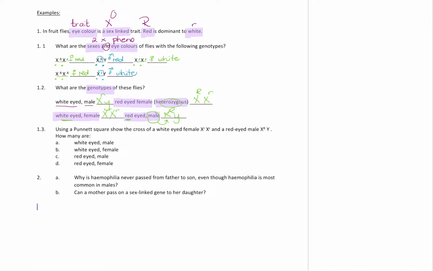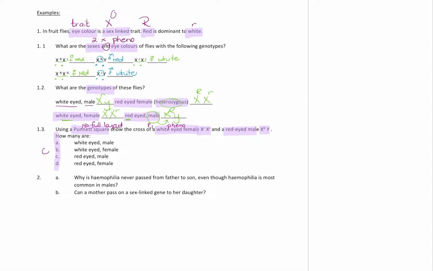Right, number 3. Using a Punnett square, show the cross of a white-eyed female and a red-eyed male. And then there are 4 compulsory questions that need to be answered. So what does Punnett square mean? Punnett square means that we need to show the full layout of the genetic cross, and the parents are going to be white-eyed.